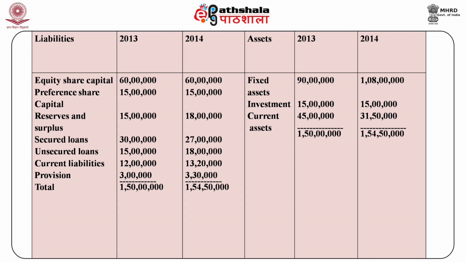For 2014, we have fixed assets 1 crore 8 lakh, investments 15 lakh and current assets are 31 lakh 50,000. The total assets comes to for 2013 1 crore 50 lakh and total assets for the year 2014 comes to 1 crore 54 lakh 50,000.